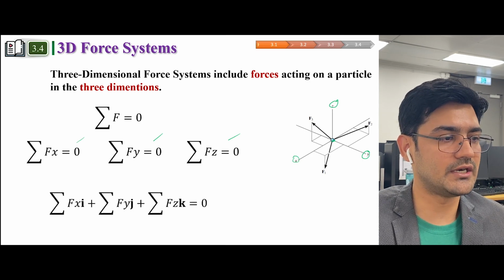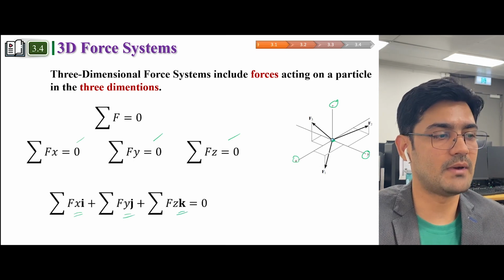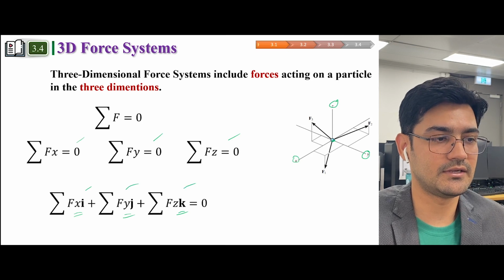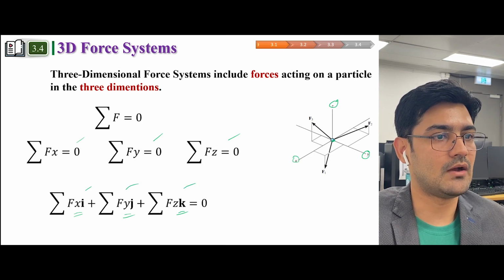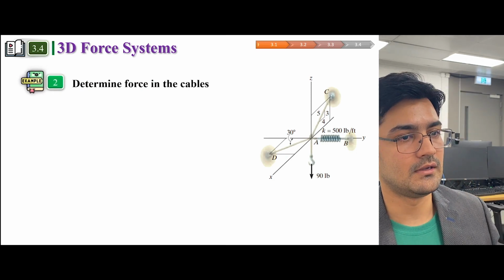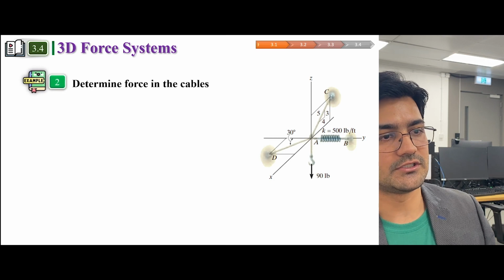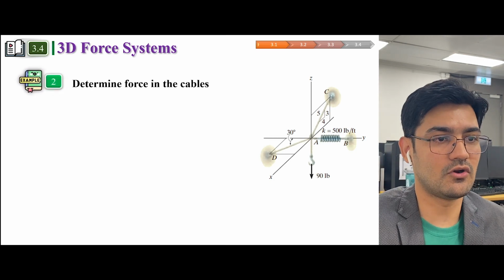Similarly, you can use Cartesian coordinate system to calculate the summation of forces is equal to 0 by using i, j, and k vectors. Now let us go towards one more example that would include 3D force system. So in 3D force system, you have 3 coordinate systems.